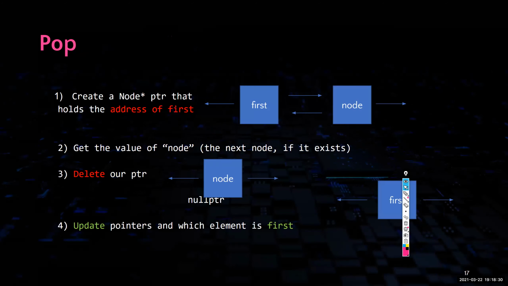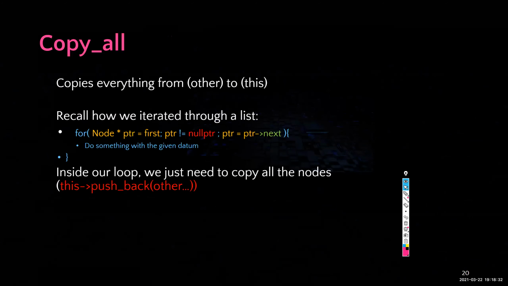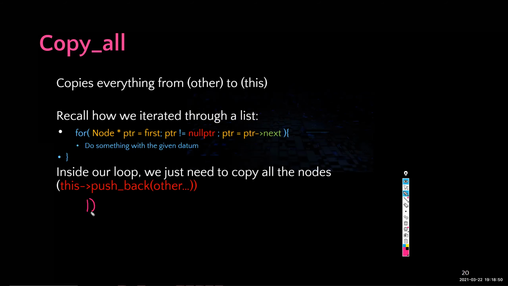So if we're copying over from some defined list, we want to copy over all the contents of some list called other to this. All we have to do is go ahead and call push back or push front, depending on where we start on our list, and add those values to our list, because this will basically do all the heavy lifting for us. This will create a new node, and it will give it a value, datum.